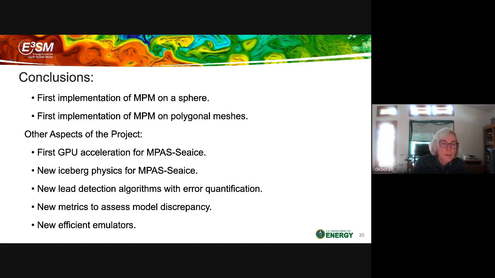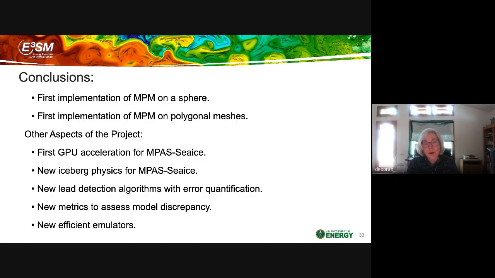And just to briefly mention other aspects of the project, we are implementing the MPM formulation on GPUs. So that's actually going to be the first GPU acceleration that's available for MPAS-Seaice.